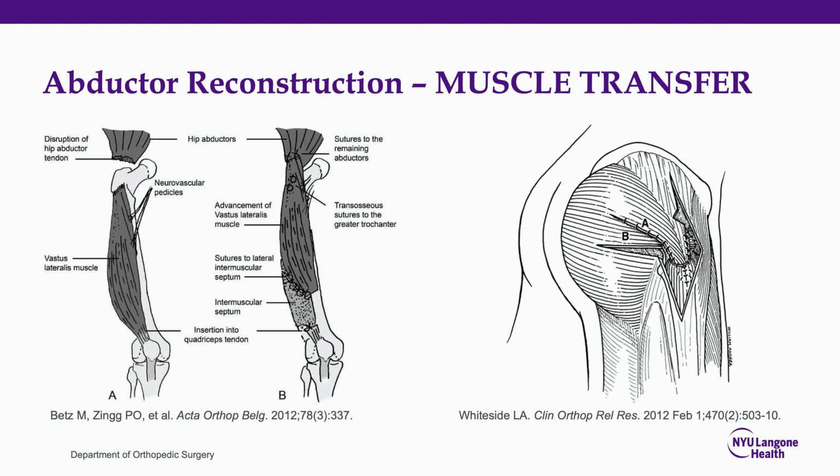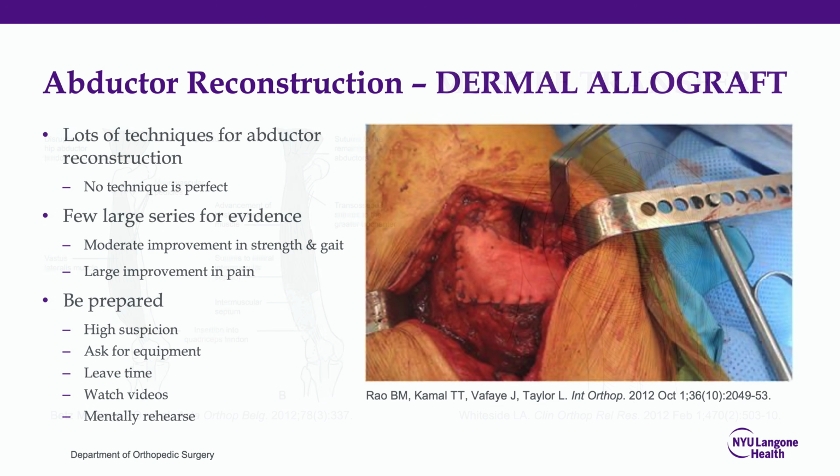There are muscle transfers that have been described, including transfer of the vastus lateralis, which is an extensive dissection down the femur to mobilize the vastus lateralis proximally and attach it to the abductor, or more recently described, the gluteal transfers described by Leo Whiteside, transferring the gluteus maximus to compensate for the medius and minimus and even for the posterior soft tissues. Furthermore, there's been descriptions of using dermal allograft, acellular dermal allograft, to reinforce abductor repairs.